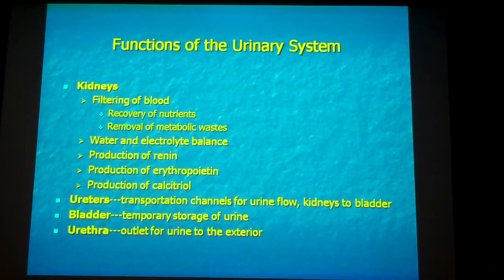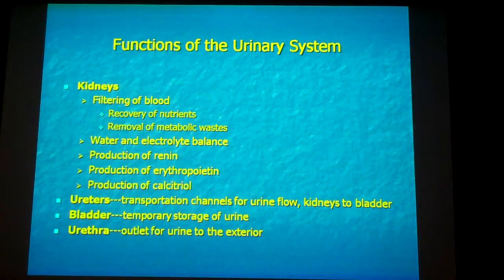And so in that filtrate is going to be everything, not just metabolic waste, but nutrients are going to be in there, water's going to be in there, all of that. But we don't want to flush that down the drain, every bit of it. We want to get the nutrients back. We need those. We want most of the water back. What we want to get rid of is the waste material that the body doesn't need or shouldn't have. And we'll add to that things that the body needs to get rid of.